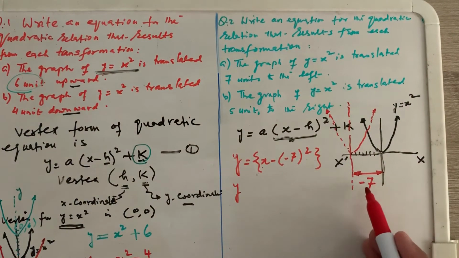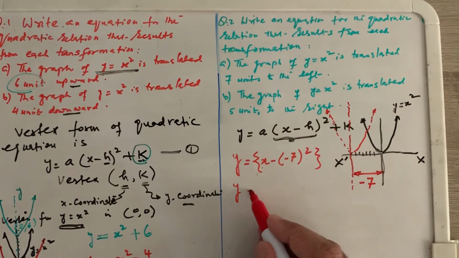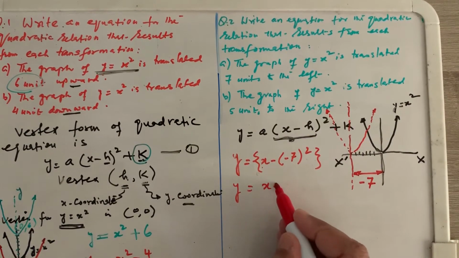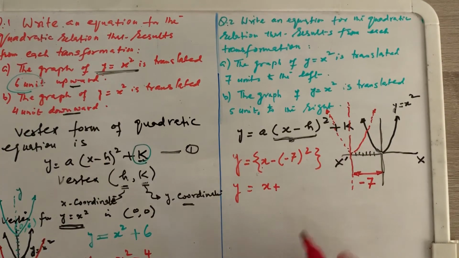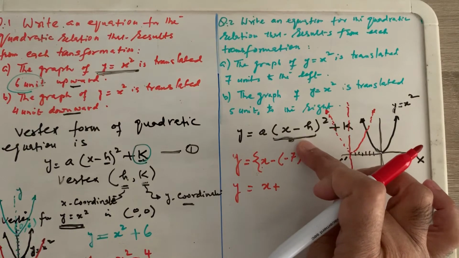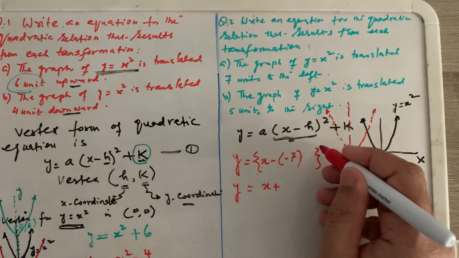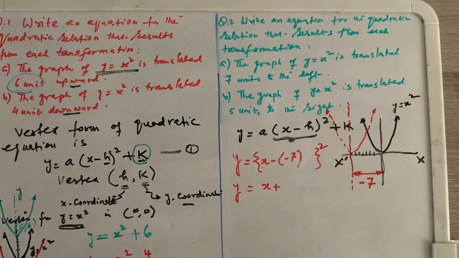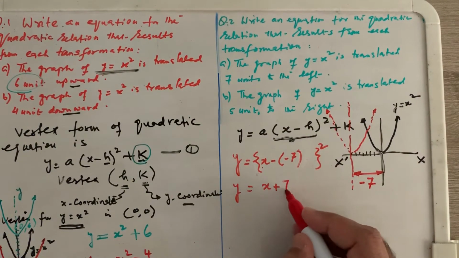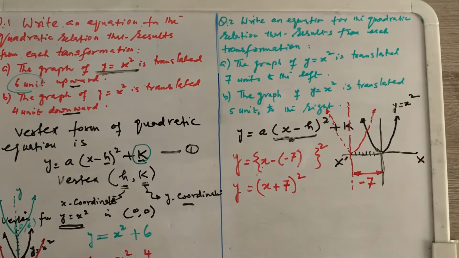To the left means minus 7. Now your h value is minus 7, so you plug it in, and that will result in plus, because the minus is outside. So x minus minus 7 makes it plus. So x plus 7 whole squared will be the equation of this parabola, which is translated 7 units to the left.